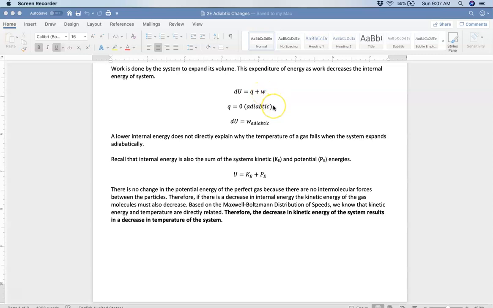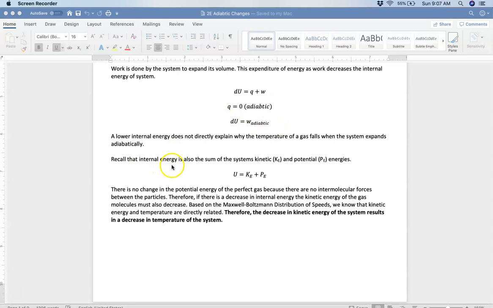But since we're working under specifically adiabatic conditions, Q has to be equal to 0. So we can rearrange that equation so that any internal energy change must be equal to the work done adiabatically. However, the lower internal energy of this expanded system does not explain why the temperature of the gas falls directly, at least not from this equation.